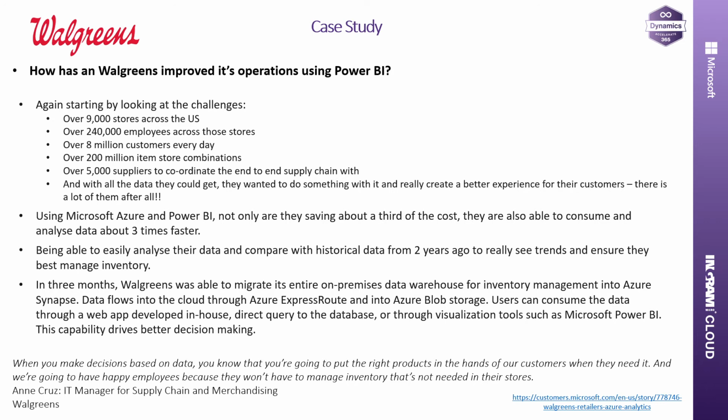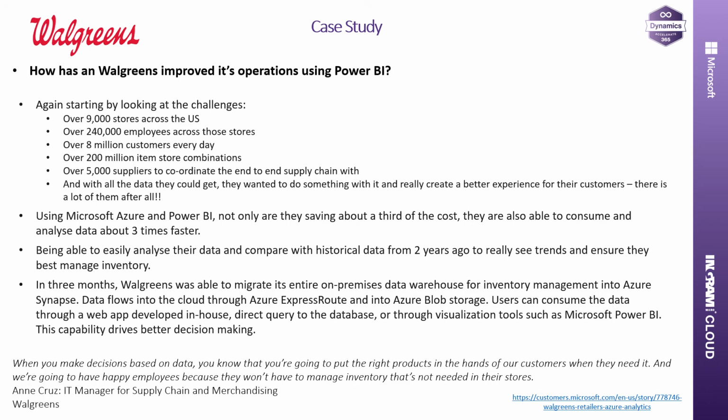And I think the more impressive is the last bullet point there. In 3 months, Walgreens was able to migrate its entire on-premise data warehouse for inventory management into Azure Synapse. Data flows into cloud through Azure Express Route and into Azure Blob Storage.